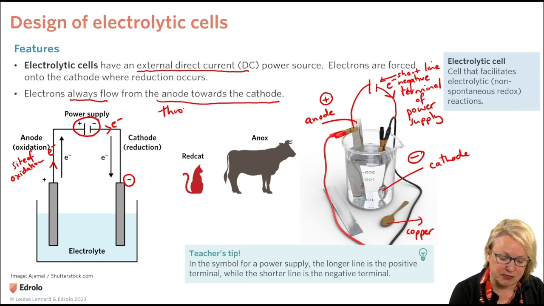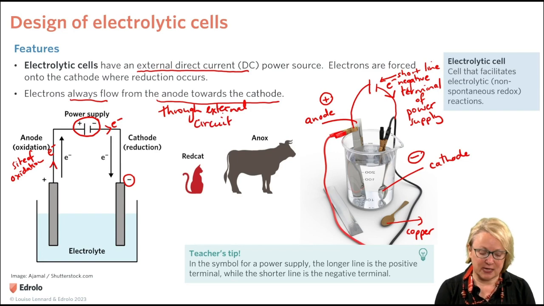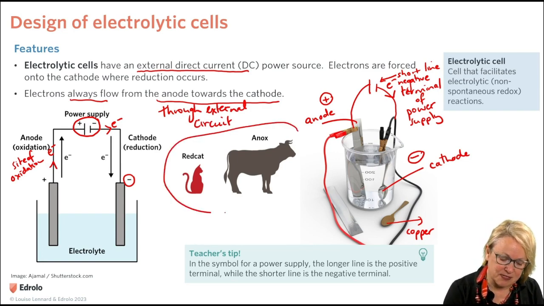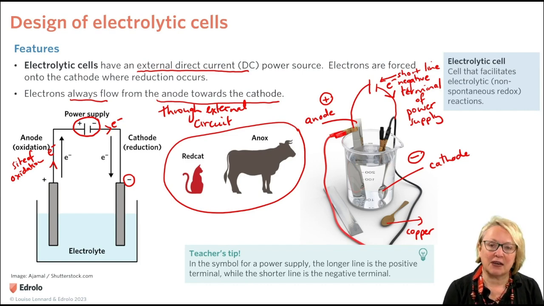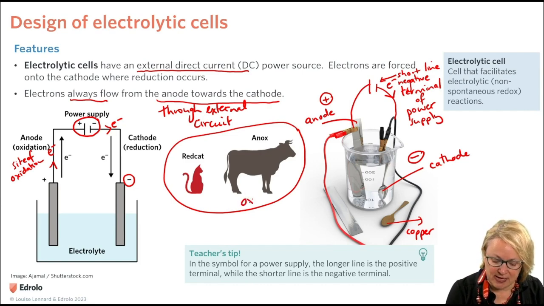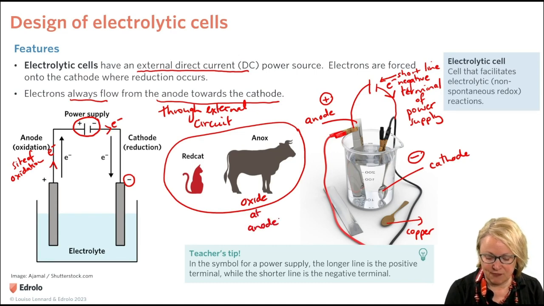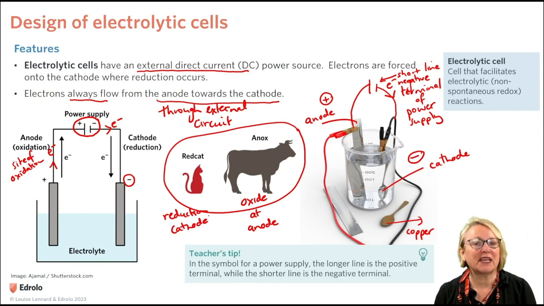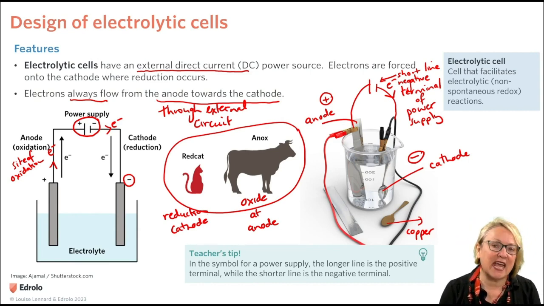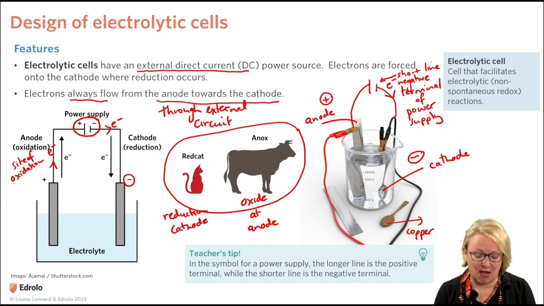Now, we can use AN OX and RED CAT to help us remember. AN OX stands for oxidation at the anode, and RED CAT stands for reduction at the cathode. And it doesn't matter if we're talking about a galvanic cell, a fuel cell, or an electrolytic cell, RED CAT and AN OX always apply.